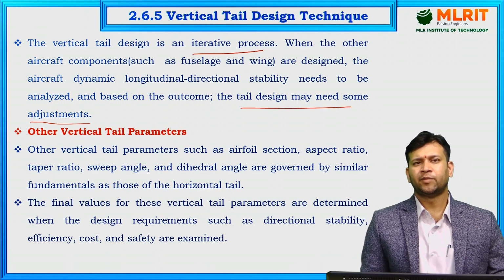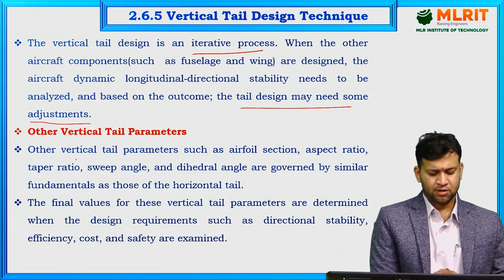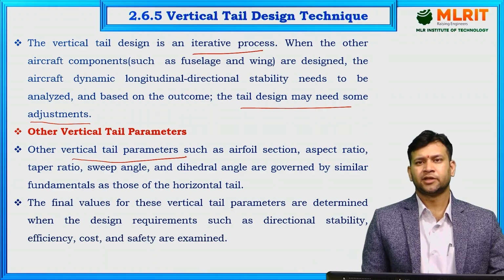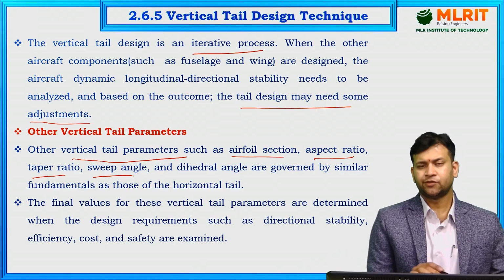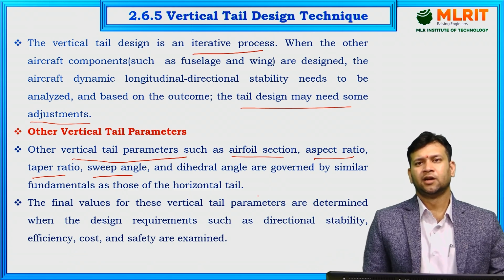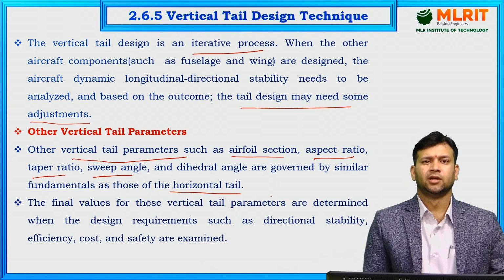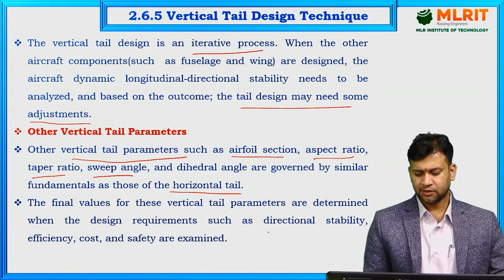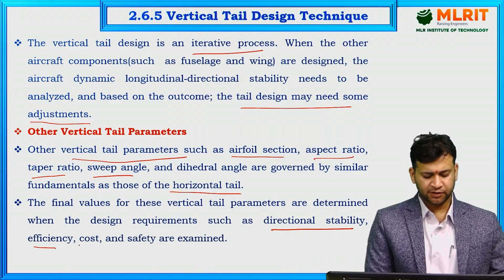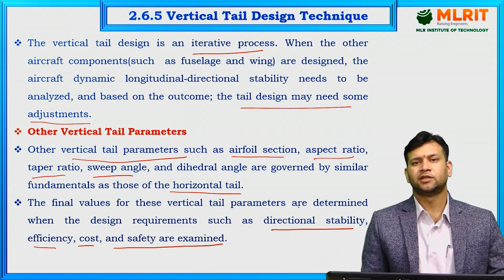The other vertical tail parameters which we have to consider in the tail design process, such as airfoil section, aspect ratio, taper ratio, sweep angle, and dihedral angle, are governed by similar fundamentals as those of the horizontal tail. The final values for these vertical tail parameters are determined when the design requirements such as directional stability, efficiency, cost, and safety are examined.